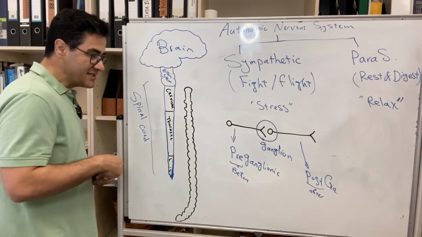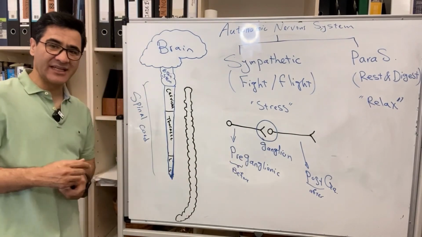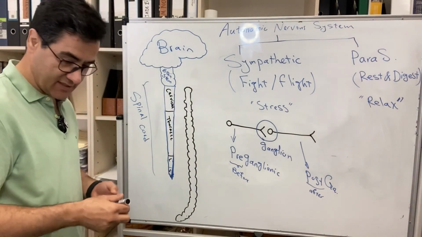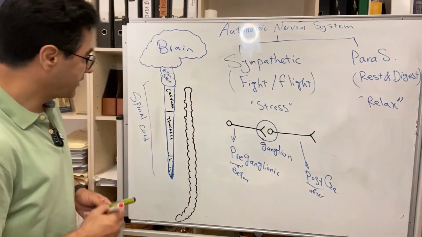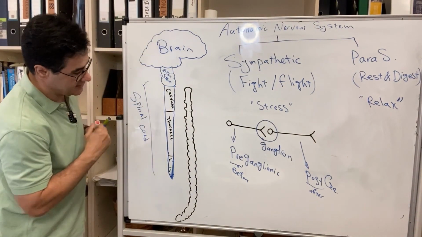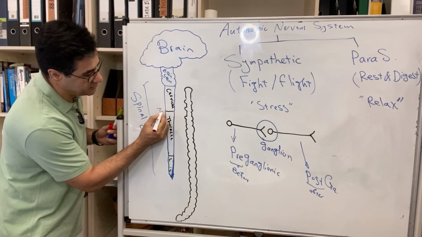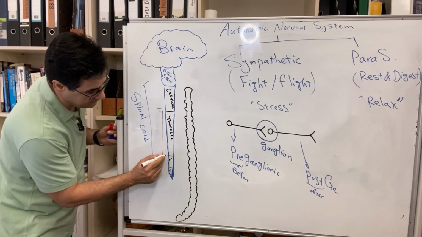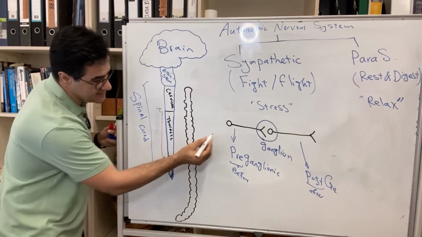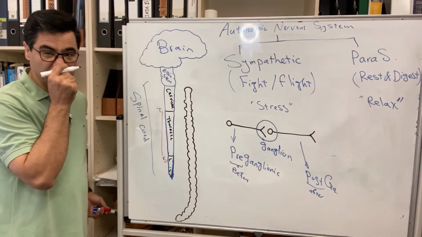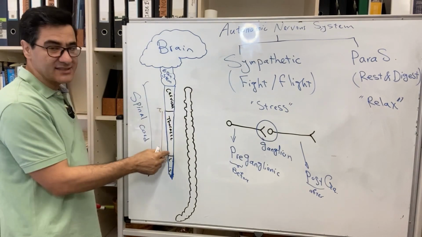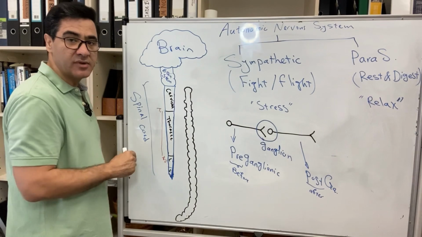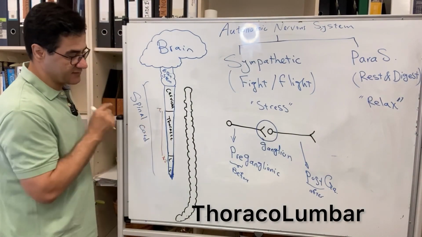So where is the cell body of the preganglionic sympathetic neuron? The cell bodies of the preganglionic sympathetic neurons are in the segments from T1 to L2. So the cell body of the preganglionic neuron comes from the lateral horn of the thoracolumbar segment of the spinal cord.